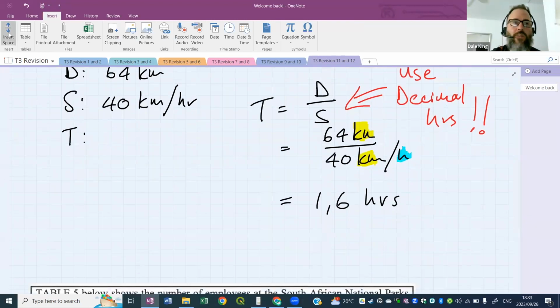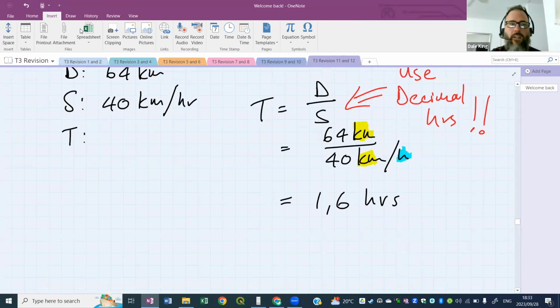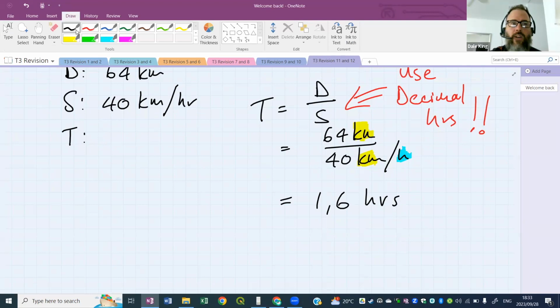Because 1,6 hours is not hours and minutes format. So what we do is we say, this is the same as 1 hour and also 0,6 of an hour. But we need that 0,6 to change into minutes. So what do we do with that 0,6? Can anyone tell me what do I do with the 0,6 to change it into minutes?